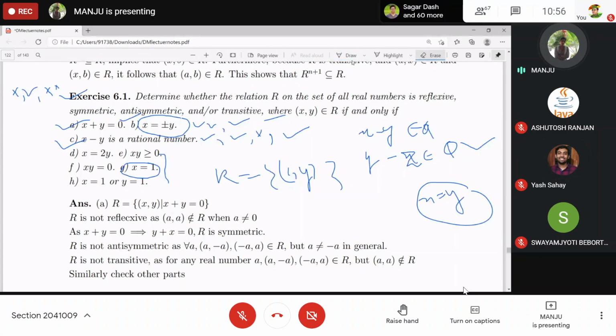For all real numbers, xx is not present. What about symmetric? It is also not symmetric. 1 comma y is present, but y comma 1 is not present. This will be present only in case of y replaced with 1.